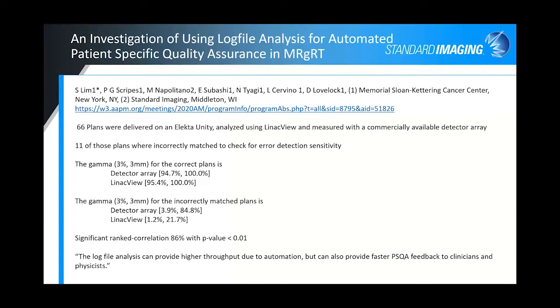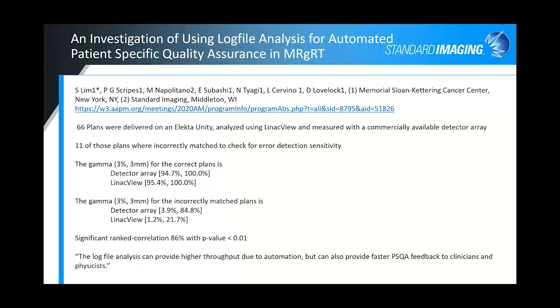And so the gamma, 3%, 3 millimeter for the correct plans, there were 55 of those, was around 95% for both methods analyzed. Or I should say between 95 and 100% for both methods analyzed.